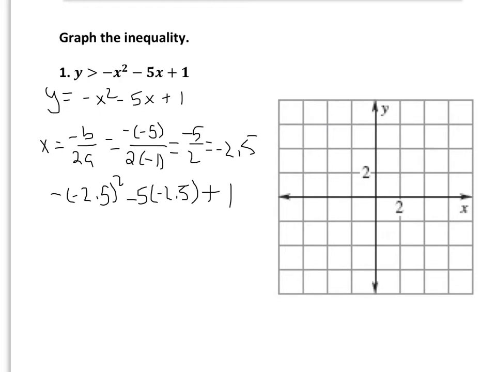Calculate that, you should get y equals 7.25. So we need to graph the point negative 2.5, 7.25.